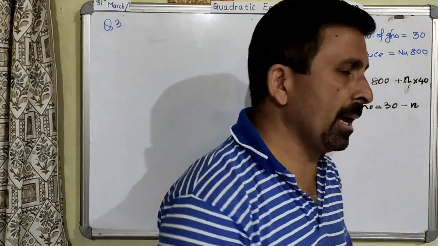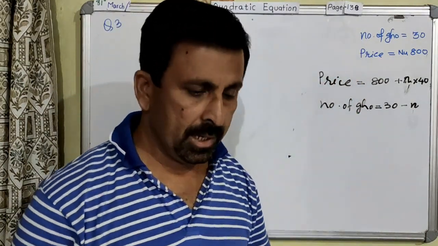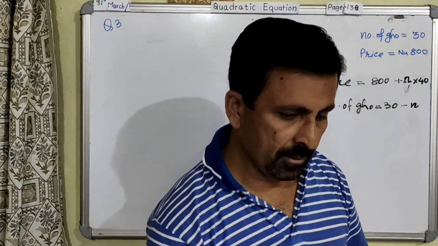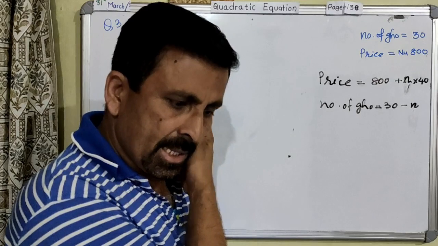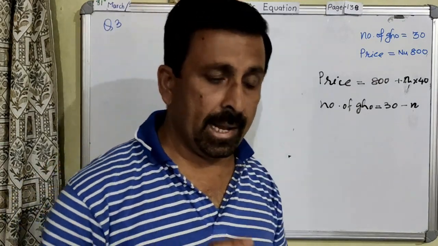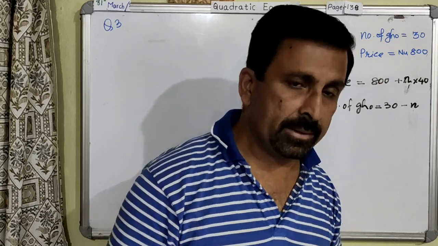So with our understanding, we have created a general formula for the price and also for the number of go. And this becomes the answer of your first part. We are asked to write an expression to represent the new price of go after n number of 40 Newton price increases.